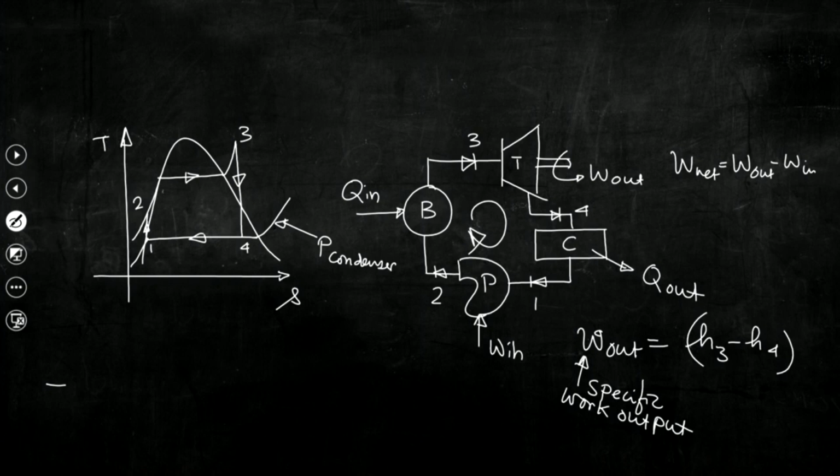Second thing, if we still use any device wherein steam will be condensed into liquid at atmospheric pressure, then you can understand that the enthalpy at state point 4 will be relatively high, and if that enthalpy is high, then this enthalpy drop will be reduced and the specific work output will be reduced.